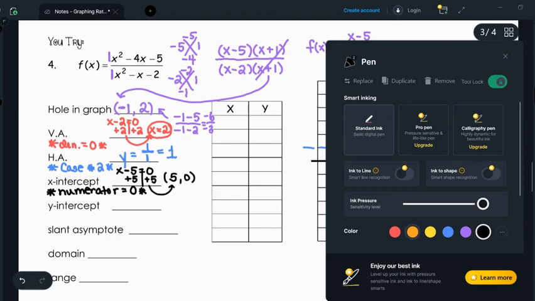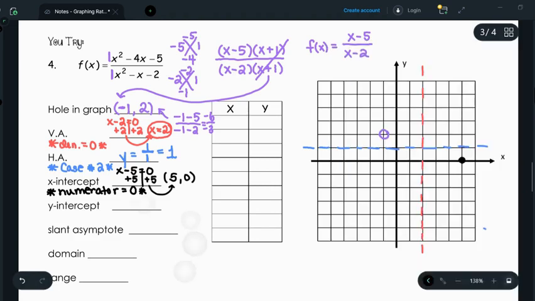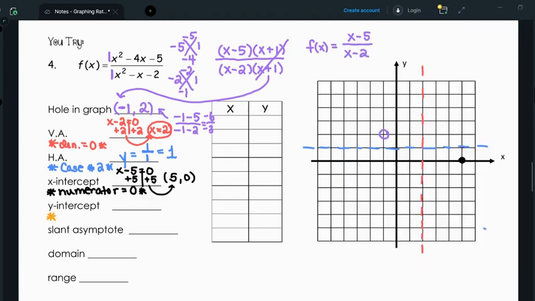For my y-intercept now, that's going to be replacing my x value specifically with the number 0 every single time. I'll give myself some room here to solve this out. I'm fixing my arrow here because it wasn't the best. So f of 0 equals, instead of x minus 5, a 0 minus 5, over, instead of x minus 2, a 0 minus 2.